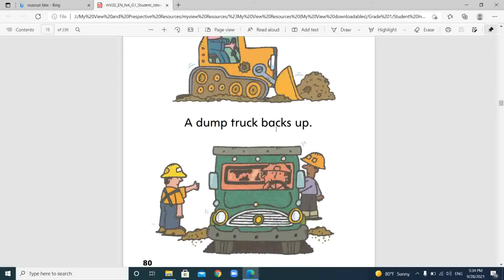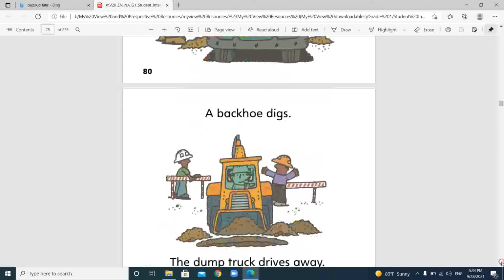A dump truck backs up. So this truck moves back and it throws everything on the back of the truck. A backhoe digs. Here is another machine that digs holes in the ground. These are all machines that the men are using, and he sees them, and they're making a lot of noise.